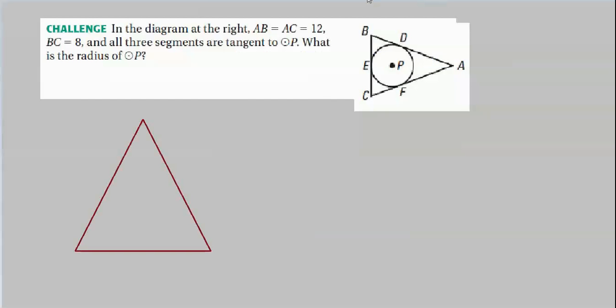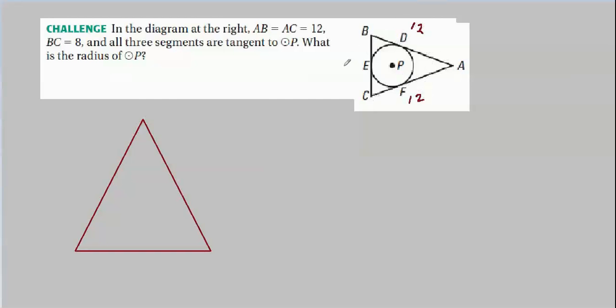Now here's one where we can use our theorem that says that tangents from a point outside the circle have to be equal. I think we even proved that one. Well, if this is 12, I think that's what they say, yeah.